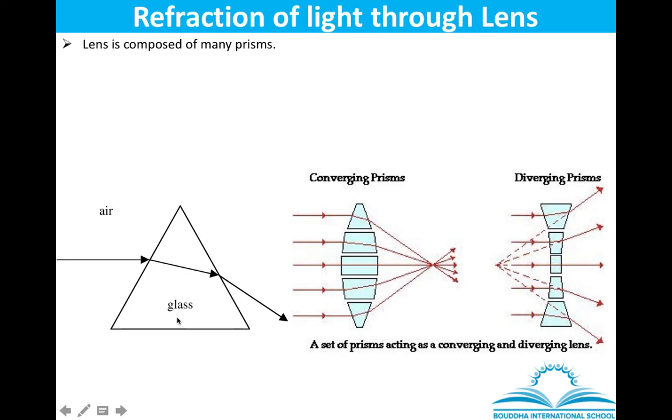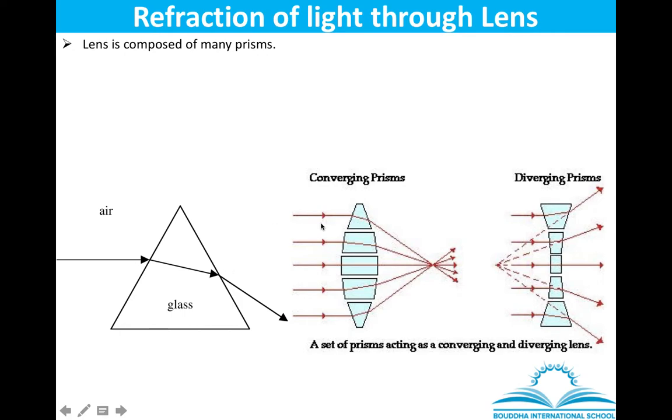Inside the glass you see the ray of light bending towards the base of the prism, and outside the glass also it is bending towards the base. That means when a ray of light passes through a prism, it bends towards the base of the prism.